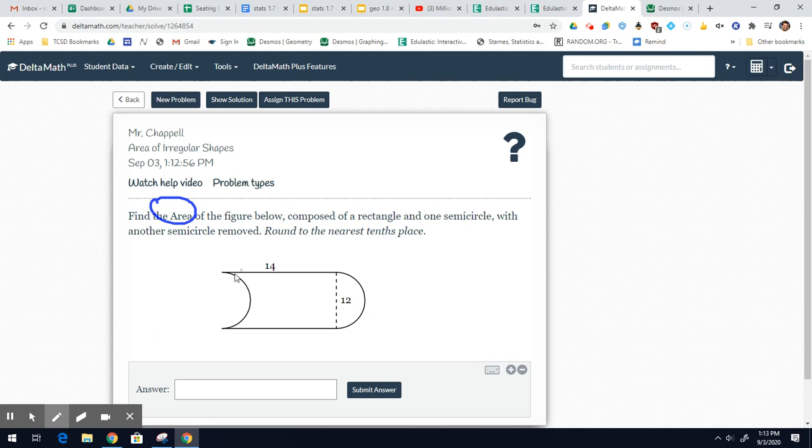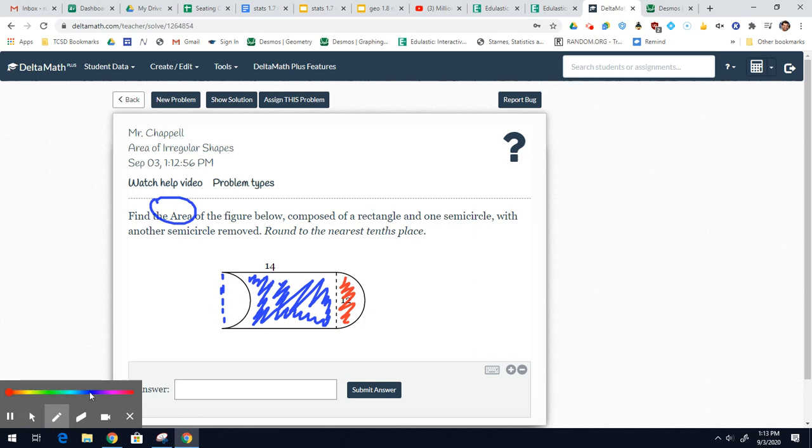So now this is kind of trickier because now we're looking for the area, which is the inside space. So the two shapes are this shape right here, which is part of a rectangle hollowed out by this semicircle, and then, of course, this semicircle, right? Okay, so again, let's talk about a couple things.